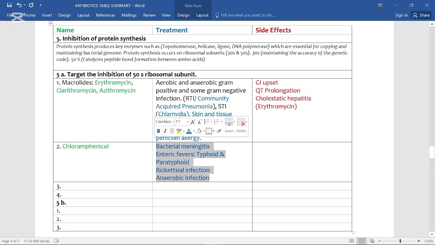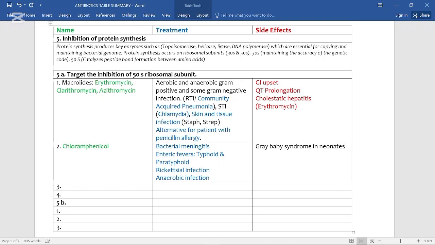Now, when it comes to the side effects of chloramphenicol, the first one is gray baby syndrome. Someone is asking, what is this? So let me put it in units actually, because it happens in neonates.